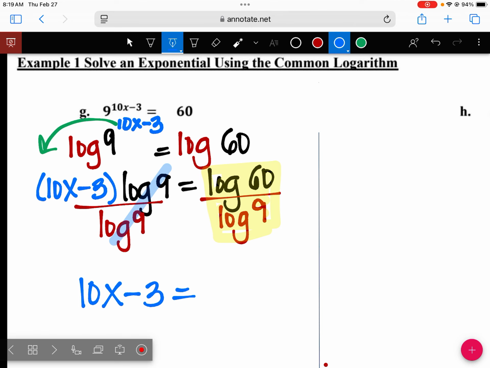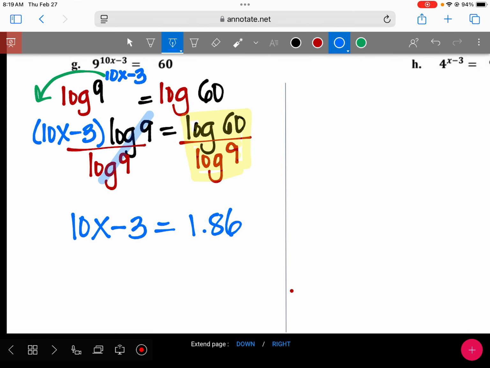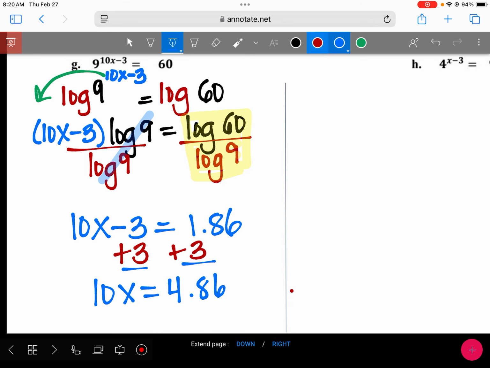All right, so what did you get when you put that in the calculator? Log 60 divided by log 9. 1.86. Thumbs up if you got 1.86. All right, so now let's add our 3. So that would be 10x equals 4.86.